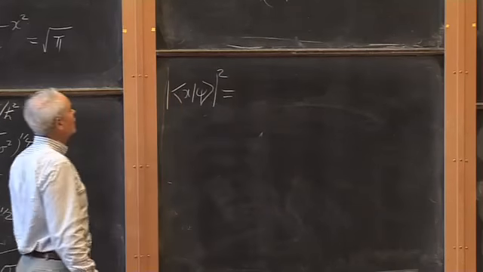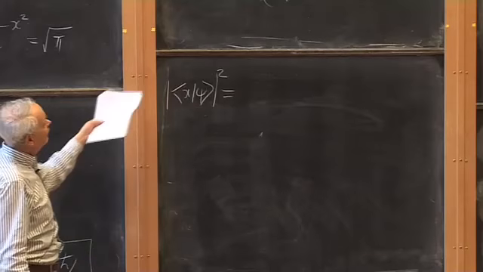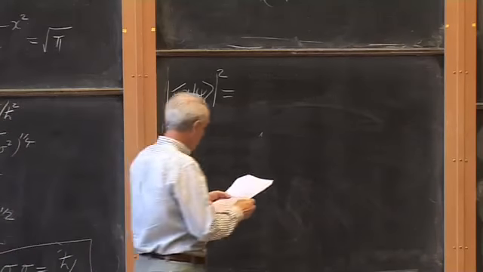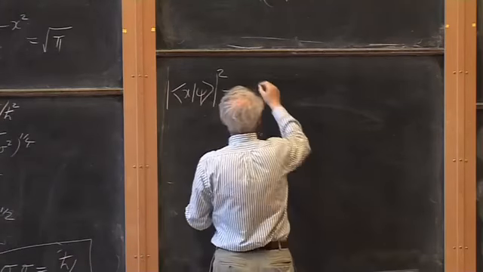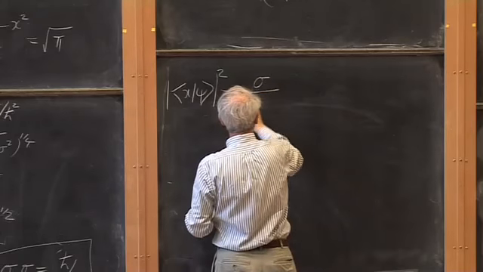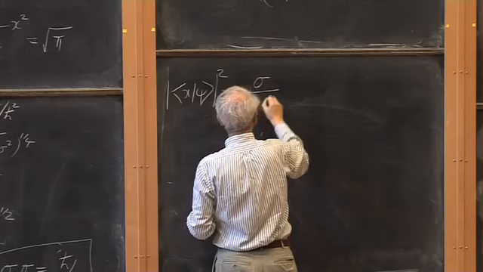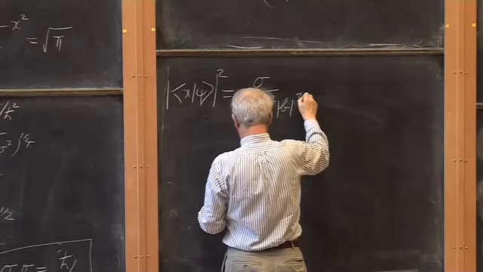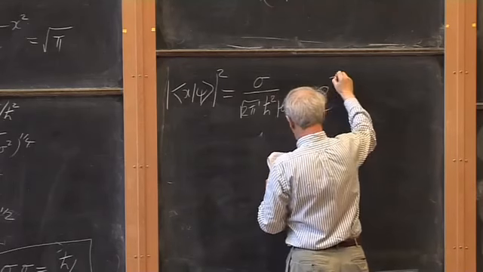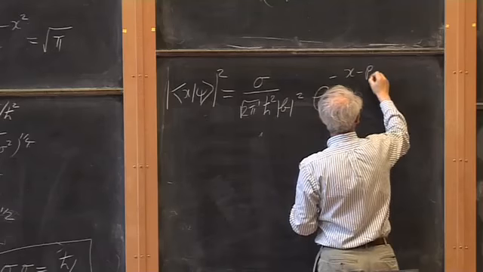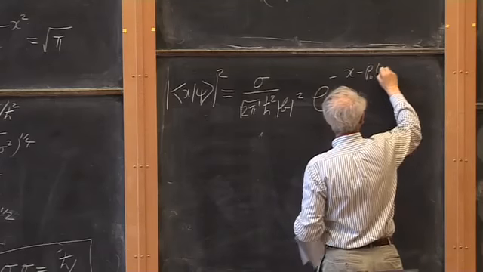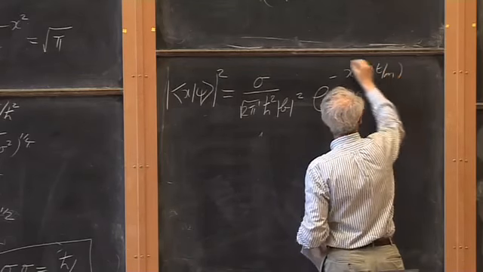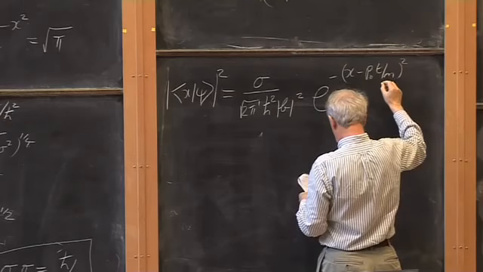So we're going to extract the mod square of the answer when you've done all this integration. And apparently it is sigma over root 2 pi h bar squared, mod b squared, e to the minus (x minus p0 t over m) squared.